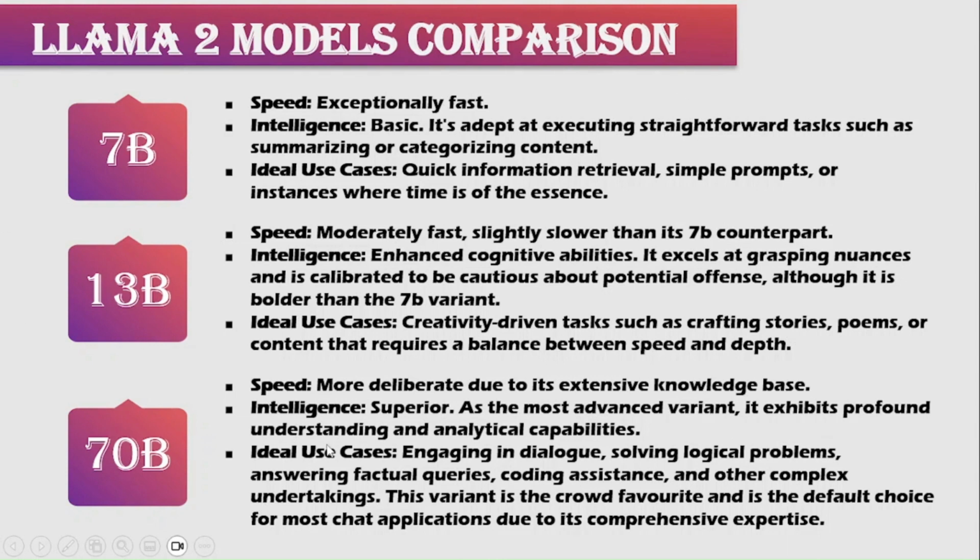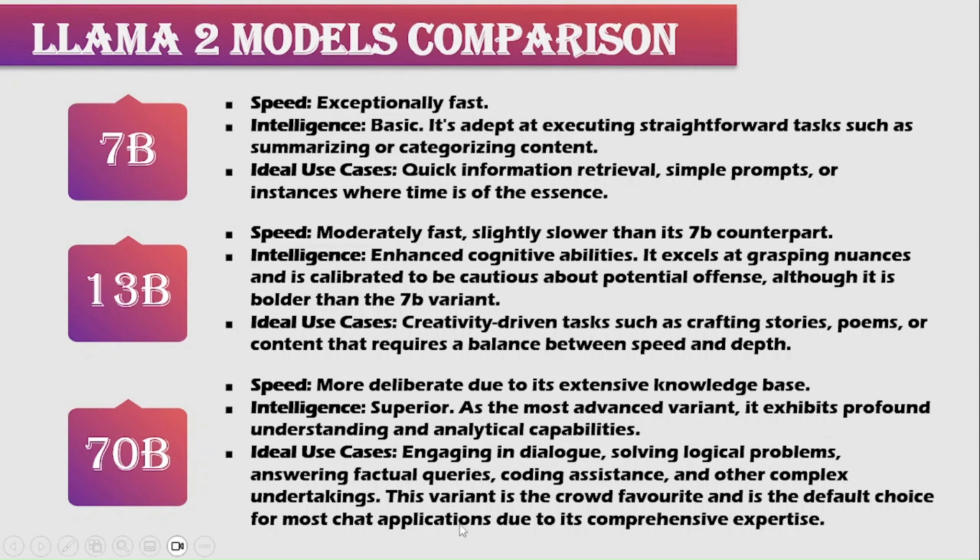The ideal use cases for this are engaging in dialogue, solving logical problems, answering factual queries, coding assistance, and other complex undertakings. Though in case of solving logical problems, it is not that far ahead like GPT-4, it is still in the initial stage. So very soon you will see that it is outperforming GPT-4, maybe.